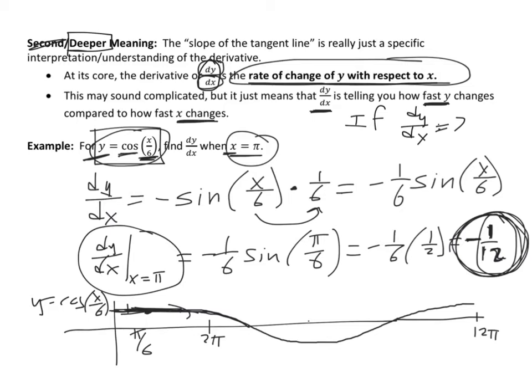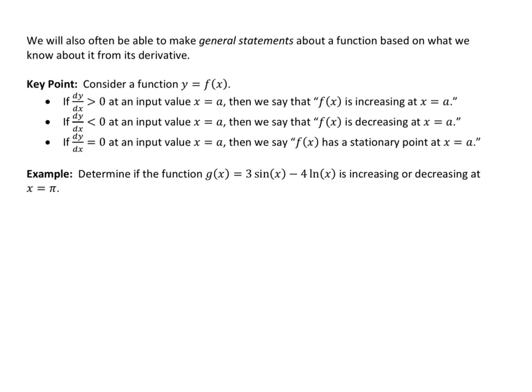And you can see even as I drew this that I started to talk about this in terms of a tangent slope, but I can also think about it as a rate of change, as how much y is changing compared to how much x is changing. With that in mind, I hope that you remember from last year that we can often make some general statements about a function based on what we know about its derivative.